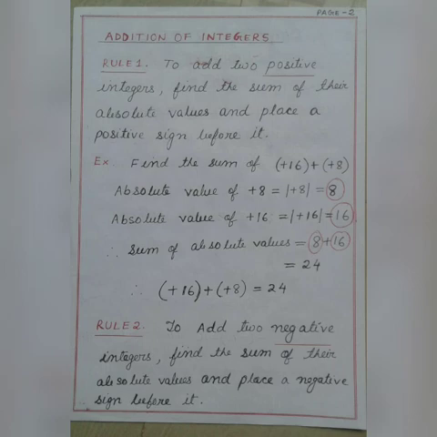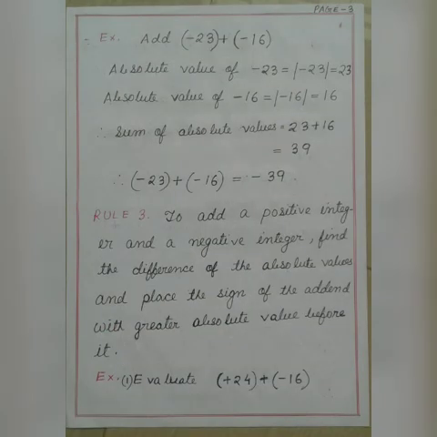Now rule number 2. To add 2 negative integers, find the sum of their absolute values and place a negative sign before it. Now let us find the sum of 2 negative integers, minus 23 and minus 16. So how to do this? First, we have to find the absolute value of minus 23. Absolute value of minus 23 is 23. The same way, absolute value of minus 16 is 16.